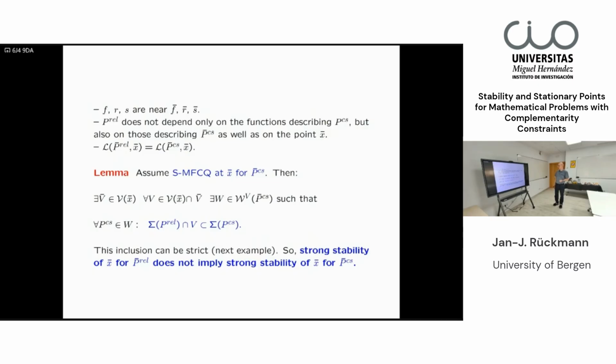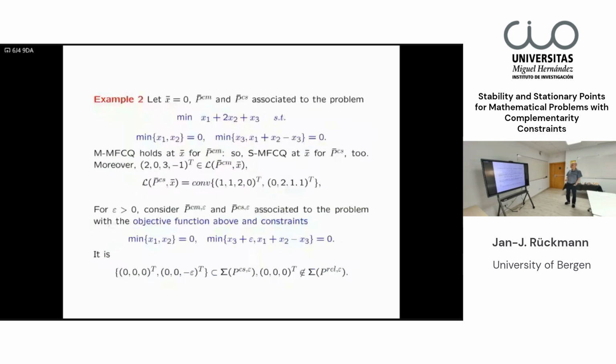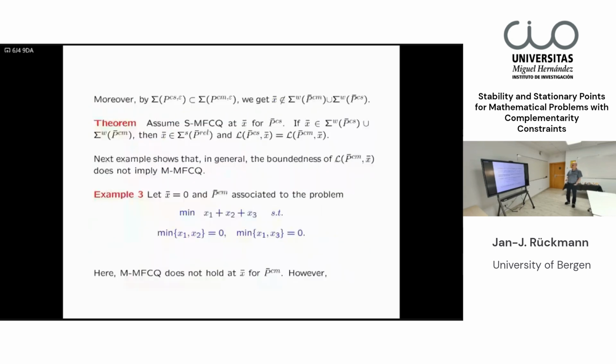And this inclusion can be strict, which is in the next example. So strong stability does not imply strong stability of x bar for this problem. Okay, I skip the example.